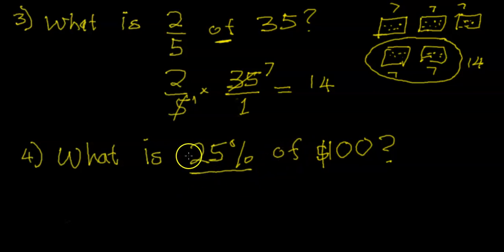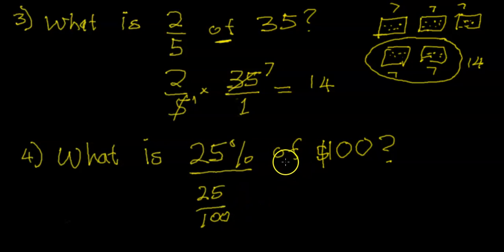So when we're doing the calculation, 25% is the same as 25 over 100. You have to do this, because you can't just multiply the percent with the 100. You will get a large number, which wouldn't make sense. So 25% is 25 over 100.